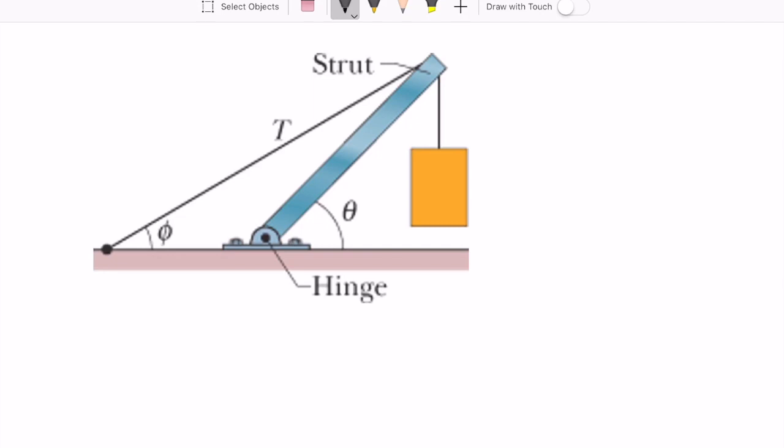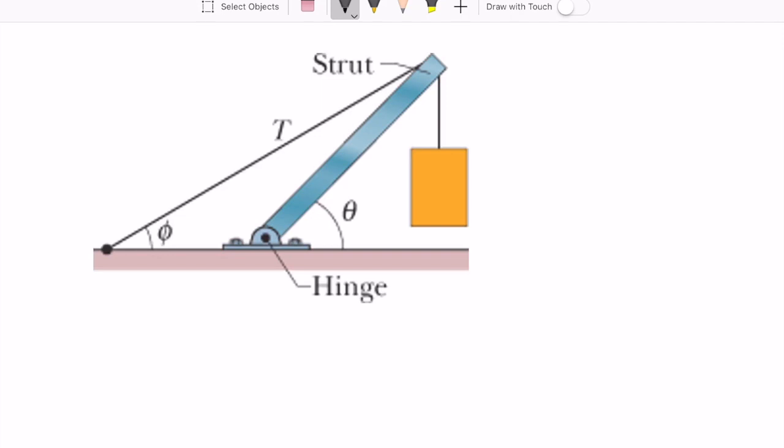So what we have to calculate is the tension in the cable, and the horizontal and the vertical components of the force on the beam from the hinge. Now, the first thing we want to do: we approach these problems in a very similar way to how we approached the chapters 4 and 5 problems on Newton's second law.